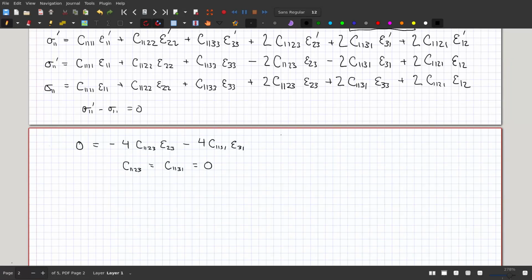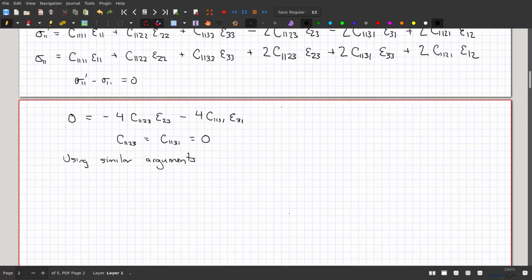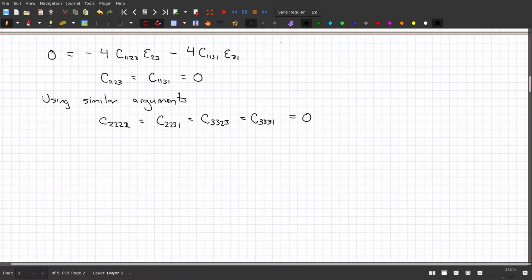I'm not going to do it all over again, but basically using similar arguments, we can show that if there's a single plane of symmetry, then all those components are also 0.